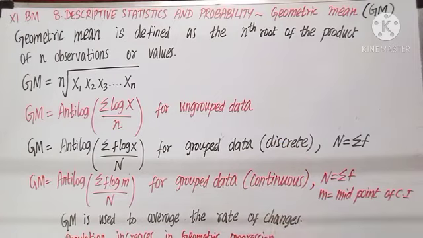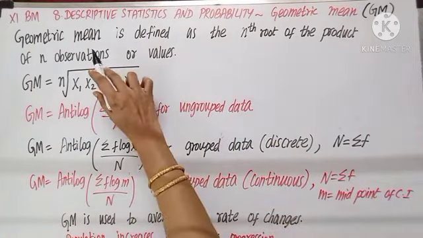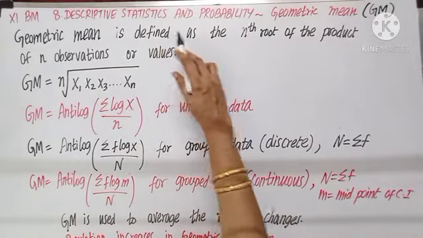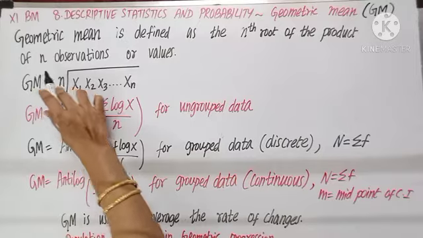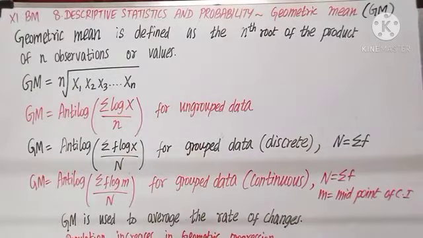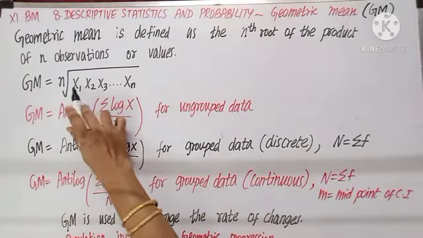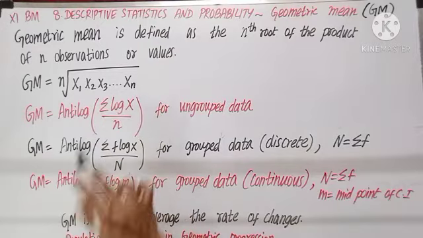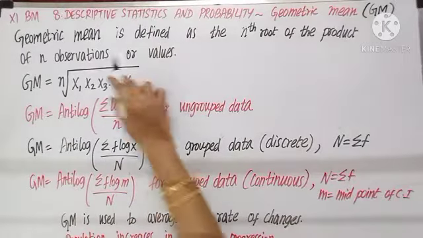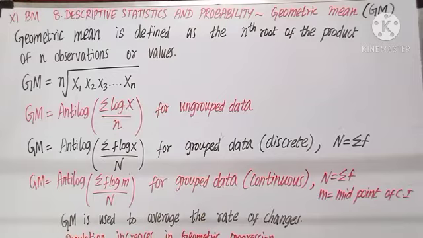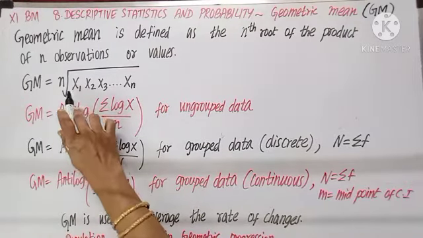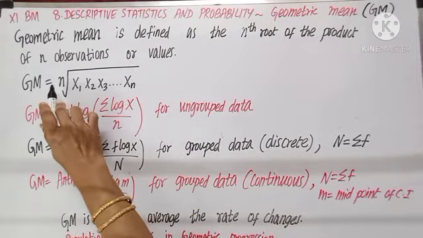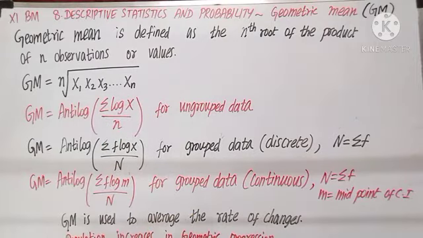First of all, what is geometric mean? We define it as the nth root of the product of n observations. We multiply all the observations, that is the product of n observations. If n observations are given, for the product, find the nth root.